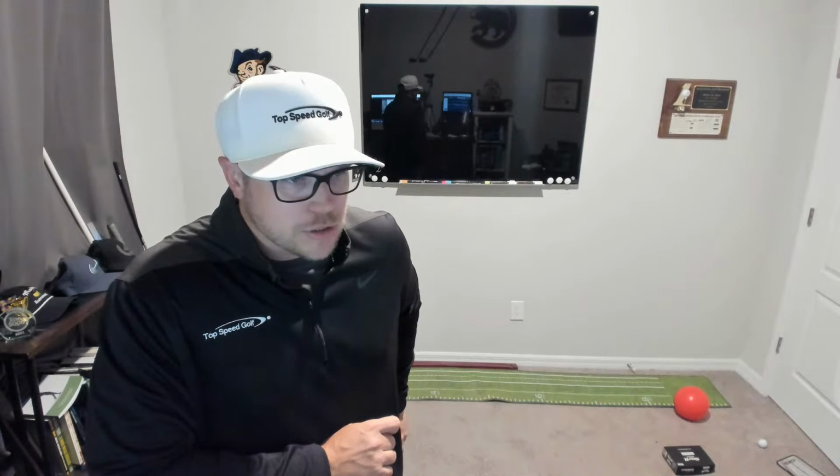So Tom C says, here are my average distances for each club. Driver 252, 3-wood, and so on. I was wondering why there is such a wider spread among my short irons. Should my goal be to have 10-yard separation between each club? Not necessarily, but I would guess that you have a bigger gap between your shorter irons because you have an earlier release.